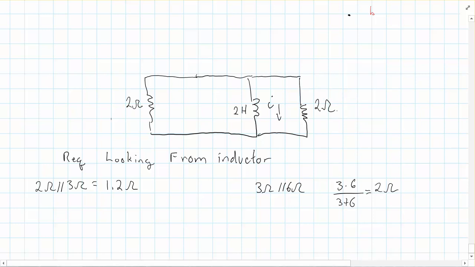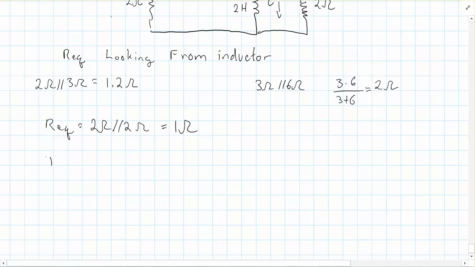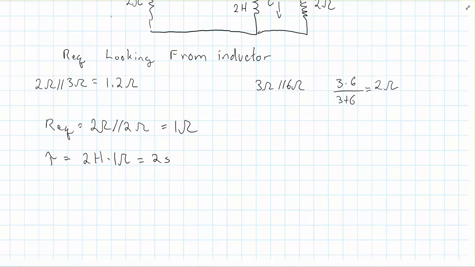That's 2 ohms. But now we can clearly see here our equivalent is going to be 2 ohms in parallel with 2 ohms, which we know when they're the same resistor value we get 1 ohm. So then that means my tau is simply 2 henries times 1 ohm, which would be 2 seconds. So it's a big value for tau.